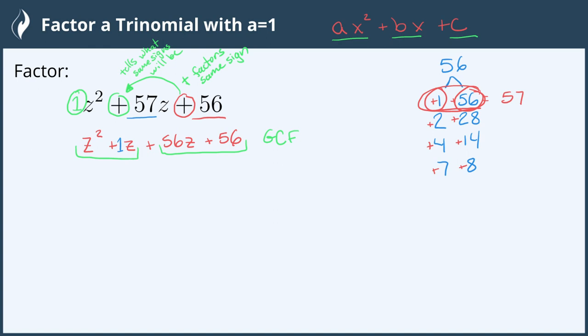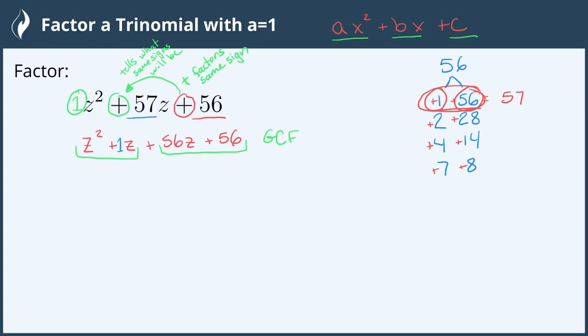And that will work, but only when you have a equals 1. So we're going to continue going through factor by grouping, because when a doesn't equal 1, it doesn't work to have those factors there. If you've already figured that little trick out, that's great. It will speed you up, but it doesn't work when a doesn't equal 1. So just a tip on that one.